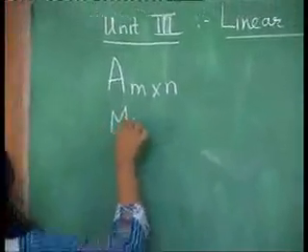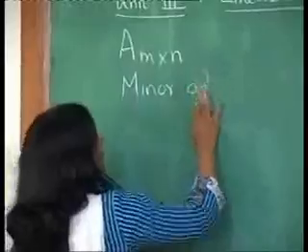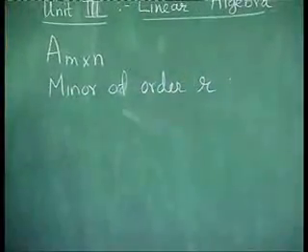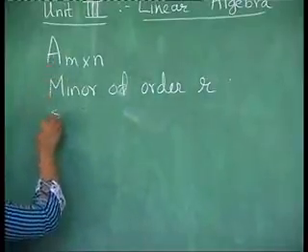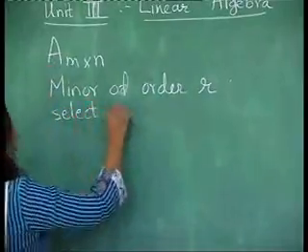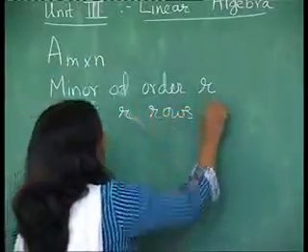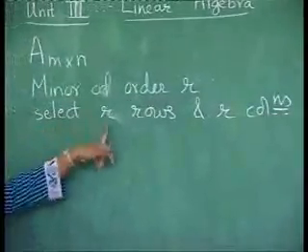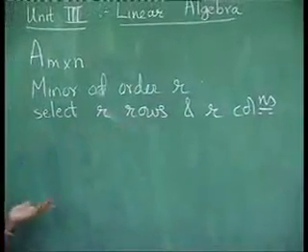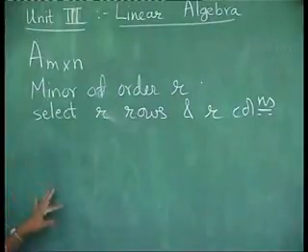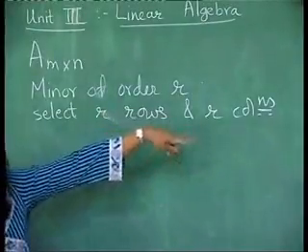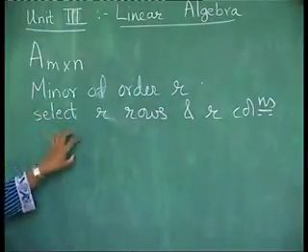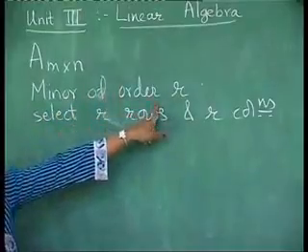By a minor of order r, what I mean is from this matrix select r rows and r columns. You'll get a submatrix which is going to be a square matrix that will have r rows, r columns. Then the determinant of this is called a minor of order r.